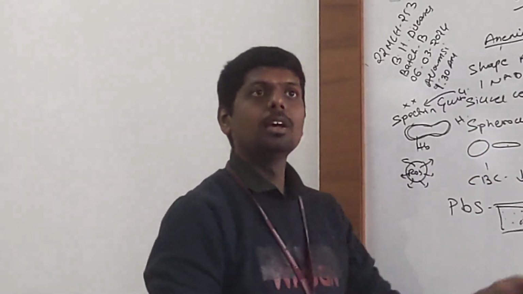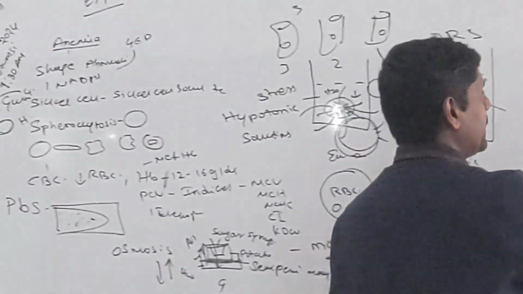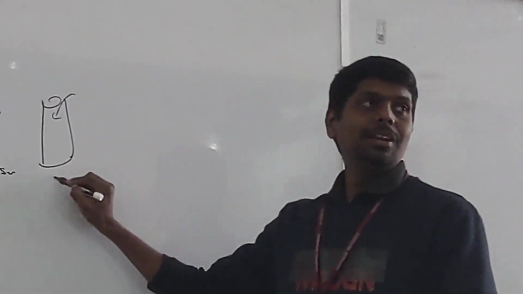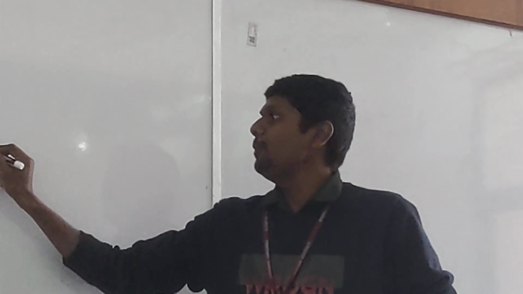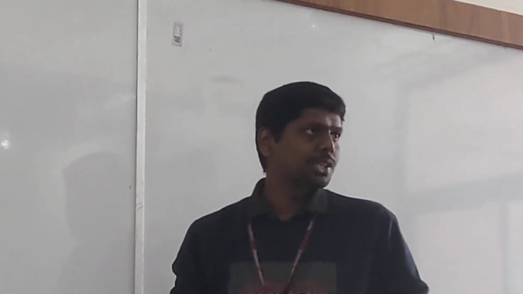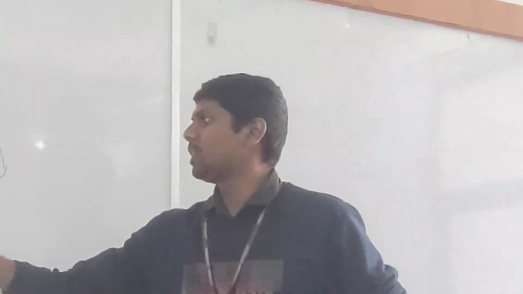Okay. So how we will do this test is very simple. I will take the sample, and I will subject this sample to saline, not the normal saline, but hypotonic solutions. What is hypotonic? The normal saline has 0.9 grams of sodium.